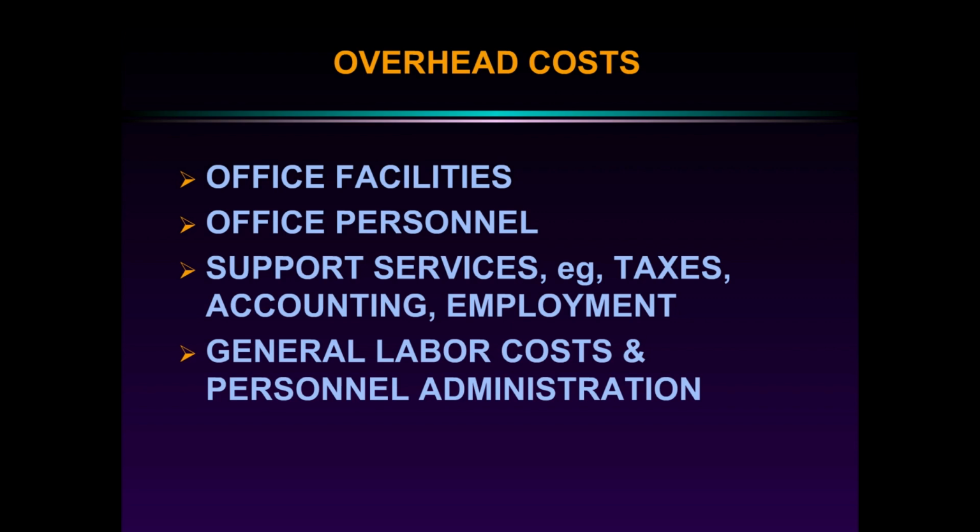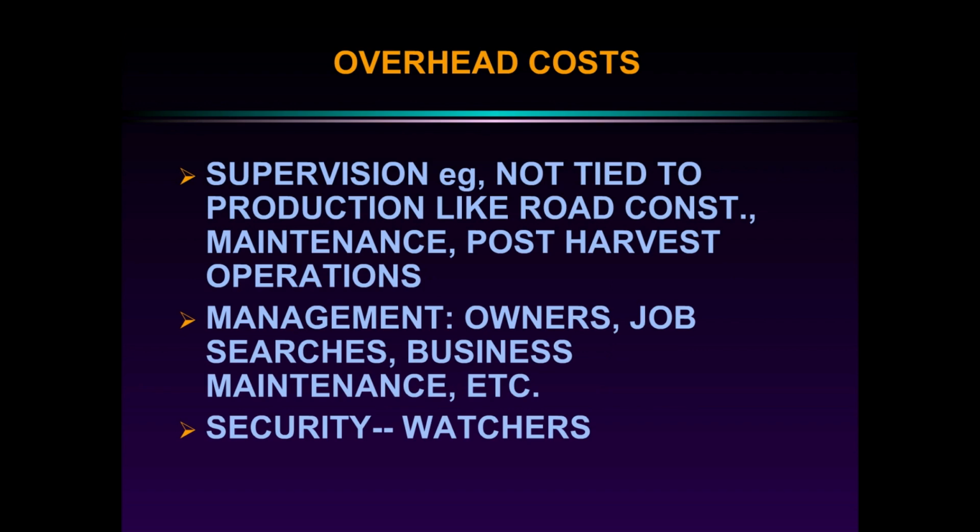Well, then the other part that is a part of our cost structure are the overhead costs. And when you run a business, you're going to have office facilities. You may have to have a bookkeeper to do the books and account for the loads. You have taxes and accounting that you have to pay for. You have general labor and personnel administration, the supervision that isn't tied to a specific on-the-job activity, the management activity of the owners.